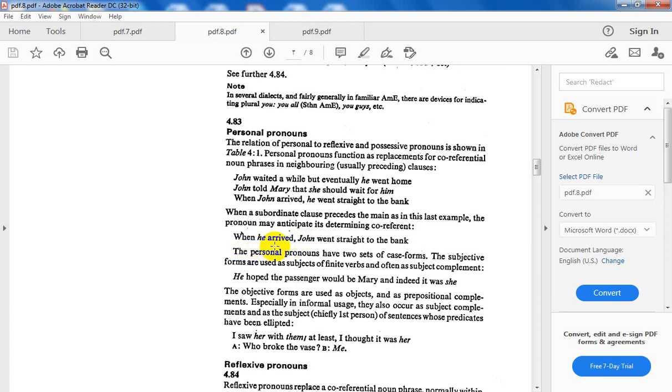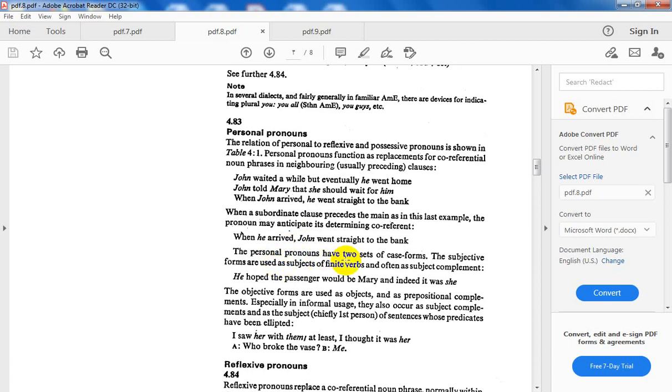When he arrived, John went straight to the bank. In 'when he arrived', he is a pronoun mentioned first. Then I have John, which is mentioned later, in the superordinate clause.